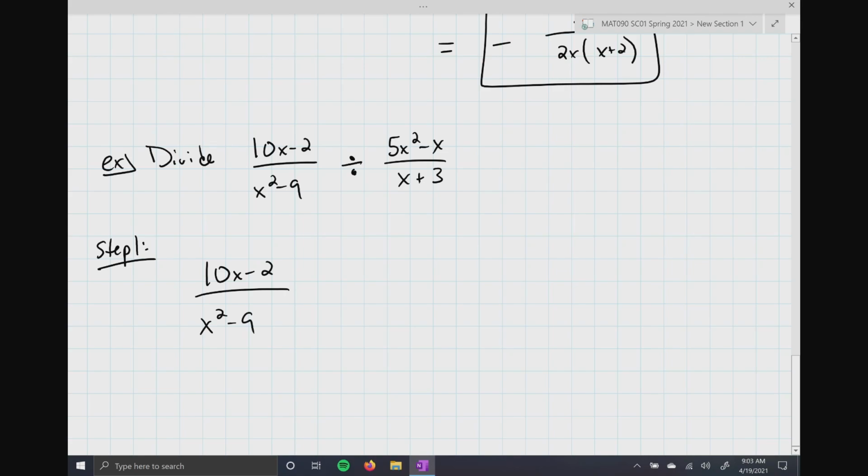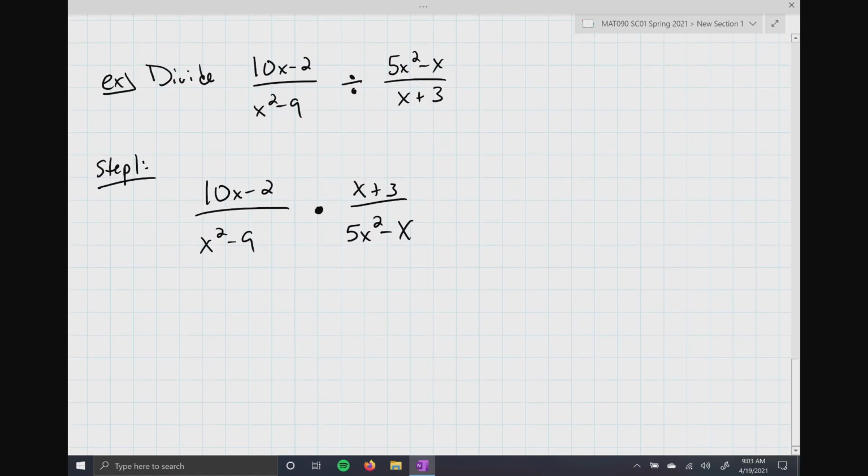Division changes to multiplication. And you reciprocate the second fraction. So it's going to be x plus 3 over 5x squared minus x. Okay?